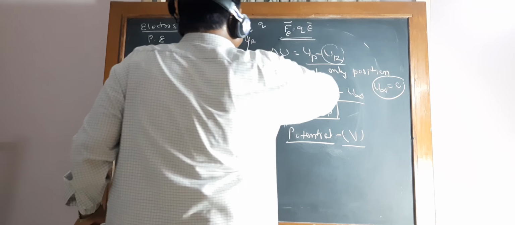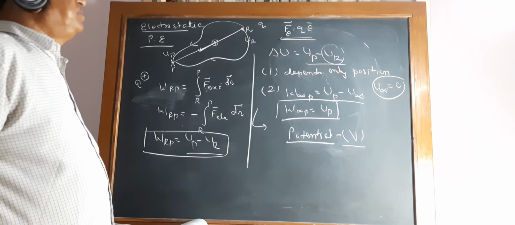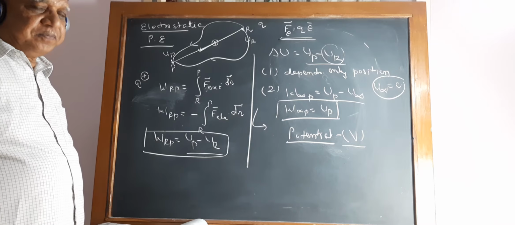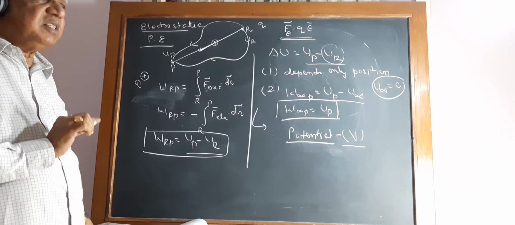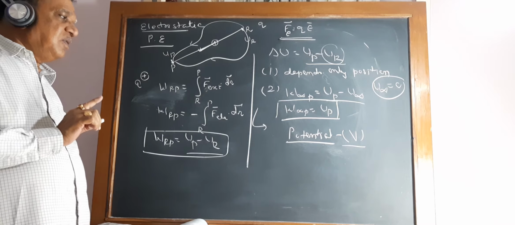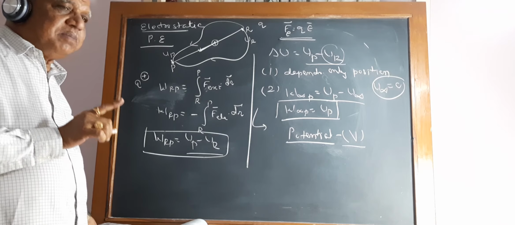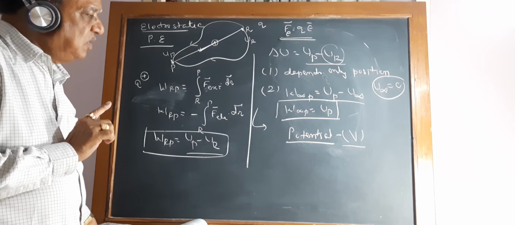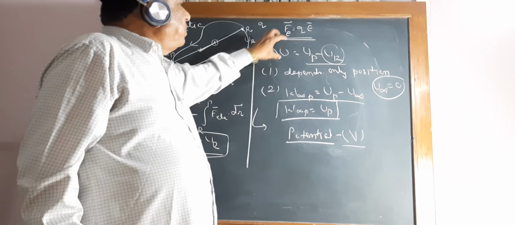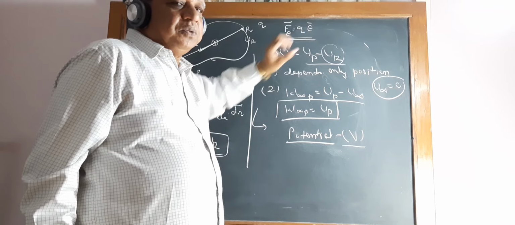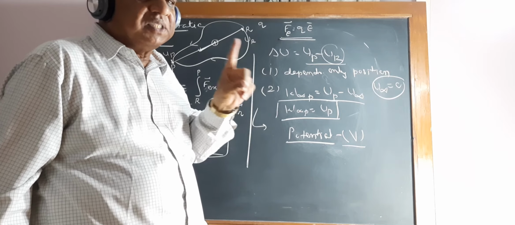But electric force is QE, means it depends upon charge. It is a charge dependent function. So depends upon charge. But instead of Q, suppose we are taking unit positive test charge.